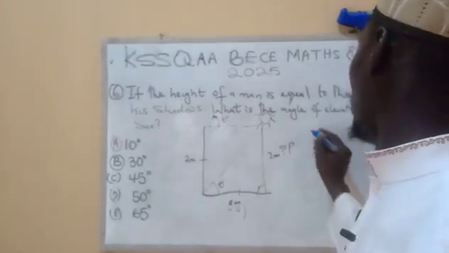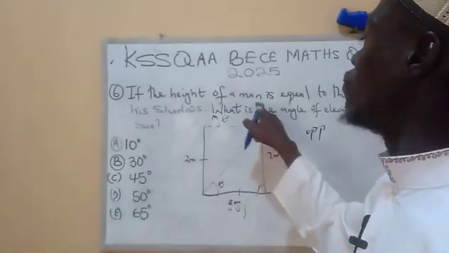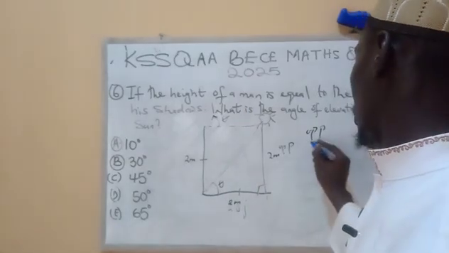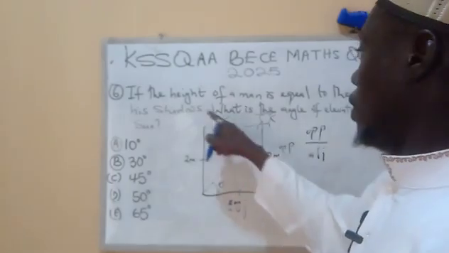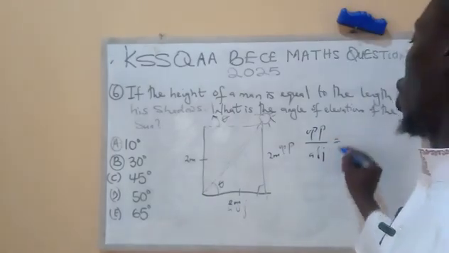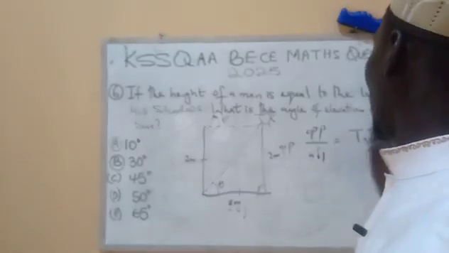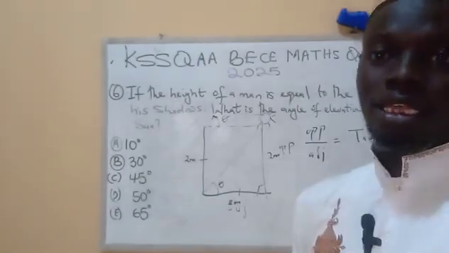And then we have opposite, which is the height of the man, all over adjacent, which means the what? The length of its shadow. This is simply called tangent in our so-called trig ratios.